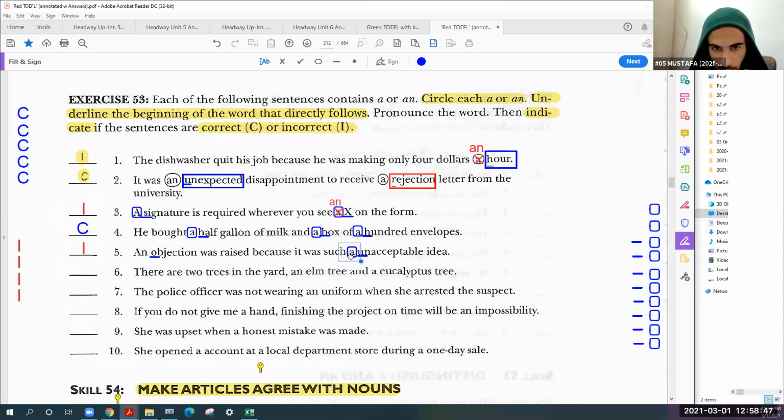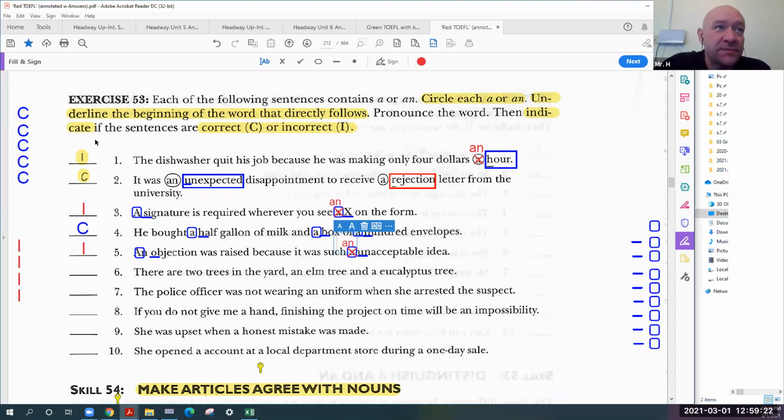Second one? Yes, this is incorrect. What should it be? Unacceptable. Should be A-N, right? Unacceptable. You can't pronounce it with a. It's difficult, but when you're doing the TOEFL exam very quickly, sometimes you don't see these small changes, right?